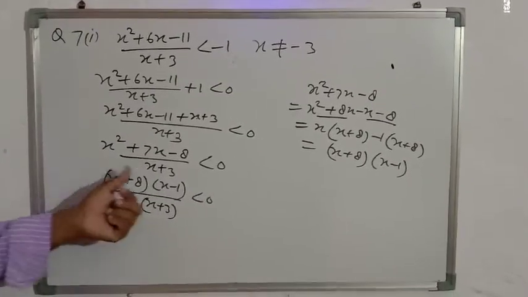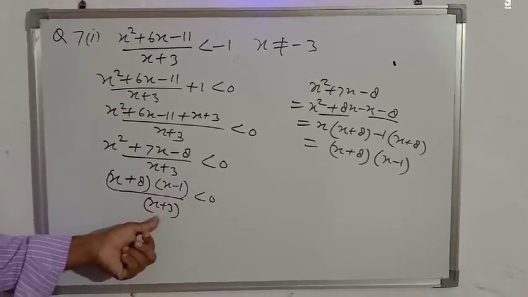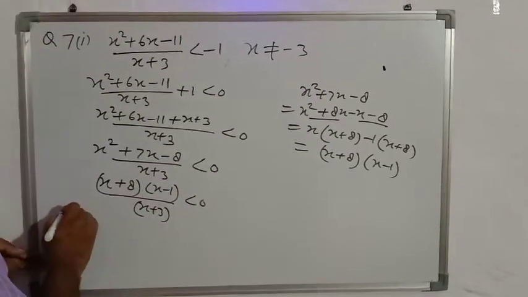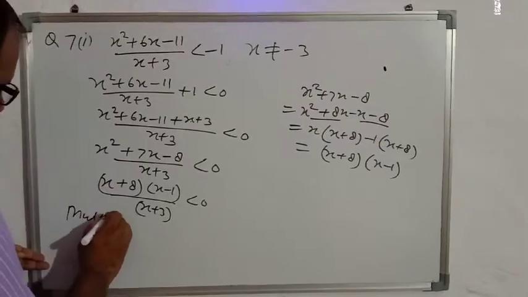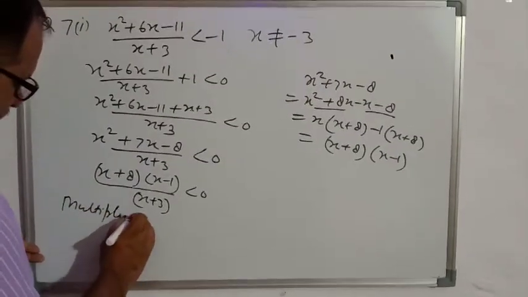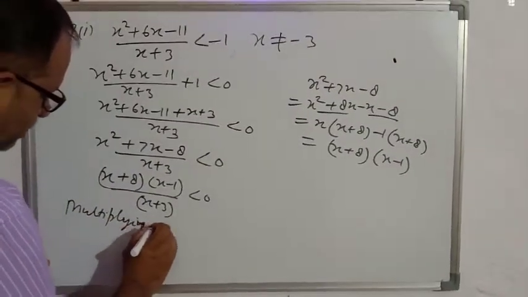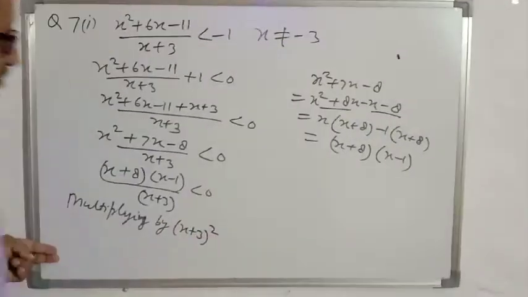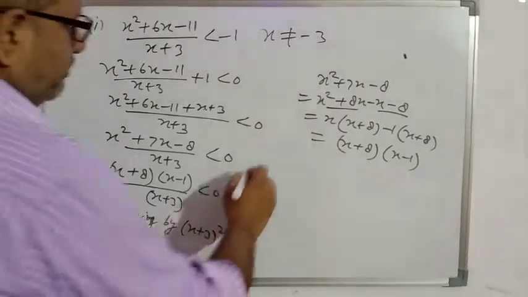We will multiply both sides by the square of the denominator, because (x plus 3) whole square is positive. So multiplying by (x plus 3) whole square.